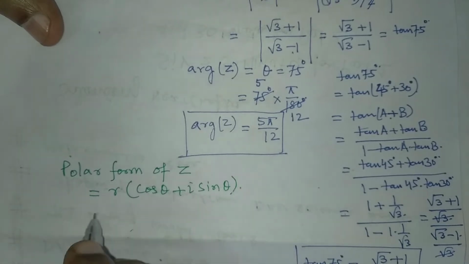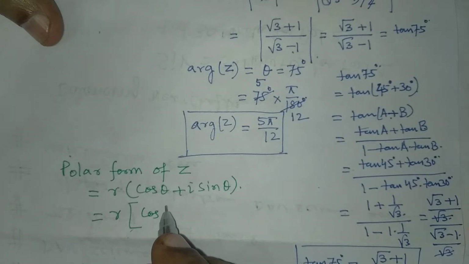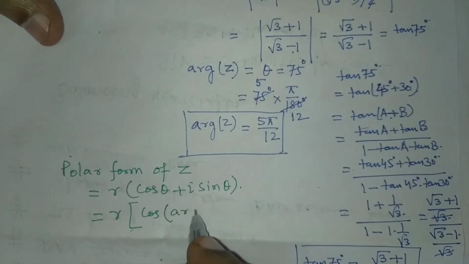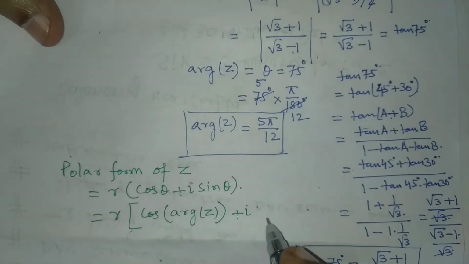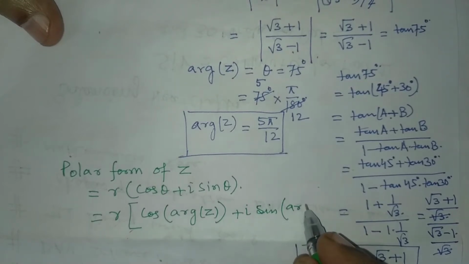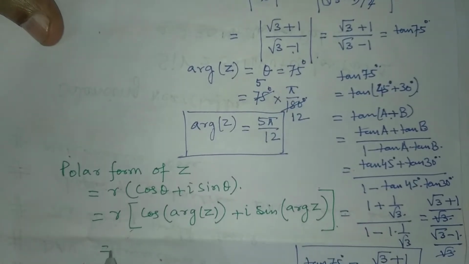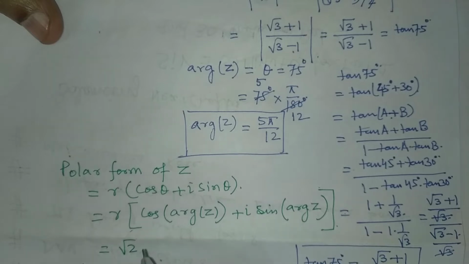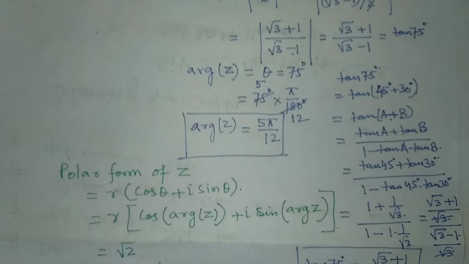You can also write r (cos of the argument of complex number z, plus i sin of the argument of complex number z). In this way you can also write. So r is root 2. We have already calculated it earlier.